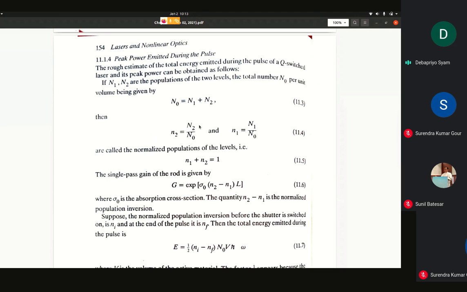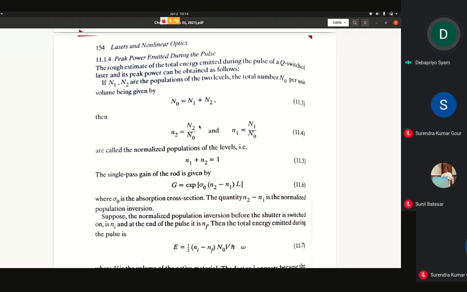Here we are doing some very elementary calculations of peak power emitted during the pulse. So N0 is equal to the total population per unit volume. As you know, N0 is equal to N1 plus N2 because N3 is negligibly small. We have a 3-level system, so 1, 2, 3. The third level is very thinly populated.